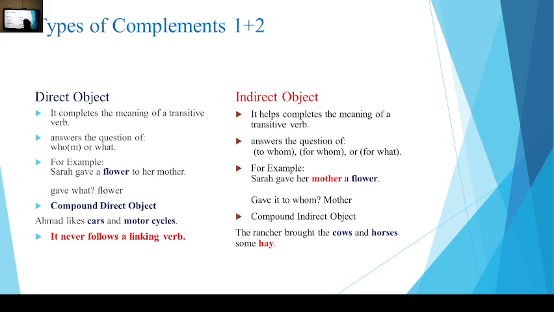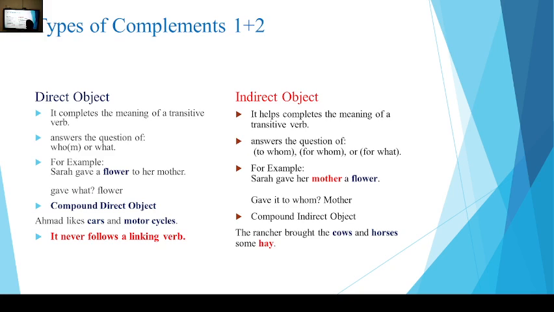So, for example, when you say, Sarah gave a flower to her mother, a flower is what? It's a direct object. Sarah gave what? Flower. So flower is a direct object that completes the meaning of the verb gave. Okay? Sometimes you may have a compound direct object. When I say compound, I mean two or more direct objects joined together and they complete the meaning of one verb.